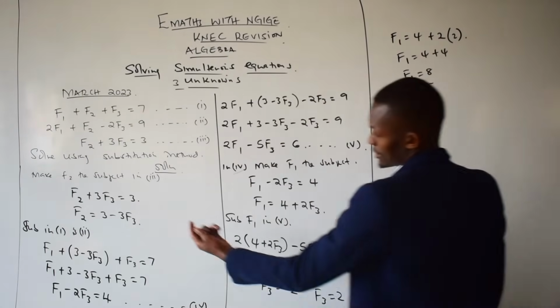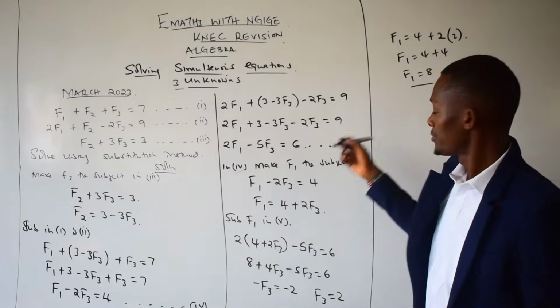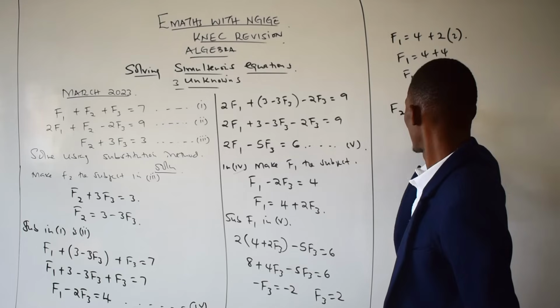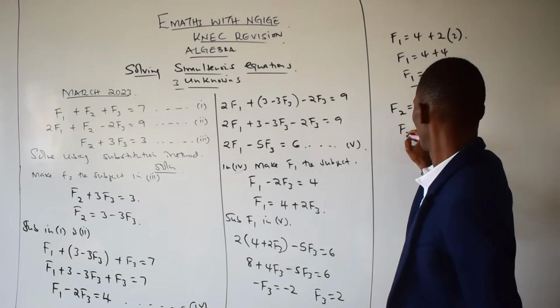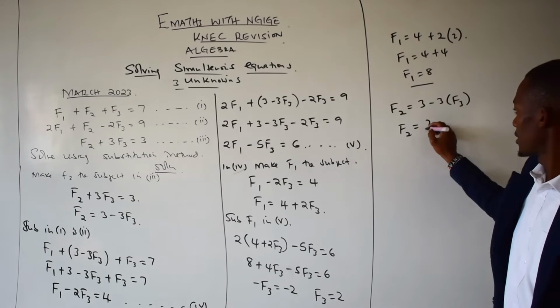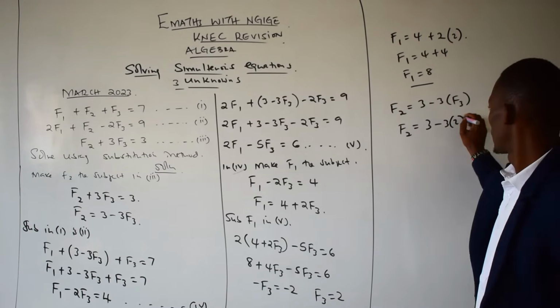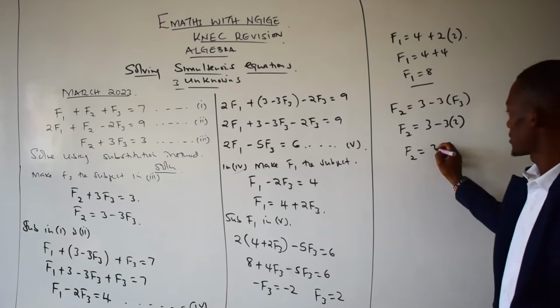Then replacing the value of f1 and f3 in our equation here. Or you can just replace it from this point. So your f2 value, we know f2 was given by 3 minus 3f3, right? So f2 will be given by 3 minus 3. What is our f3? 2. So your f2 therefore will be given by 3 minus 6.